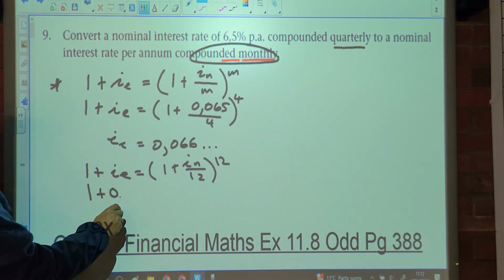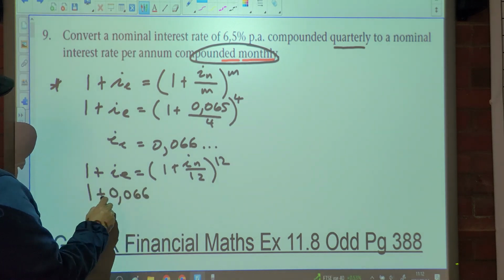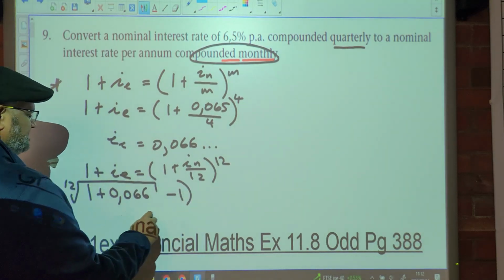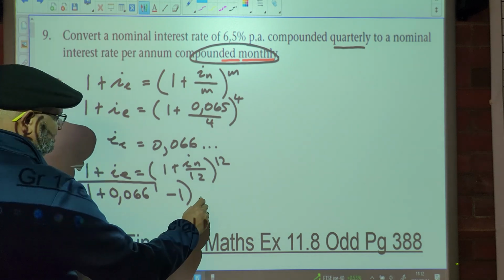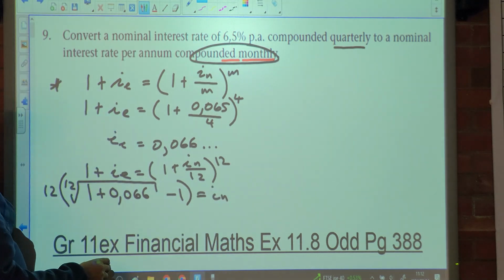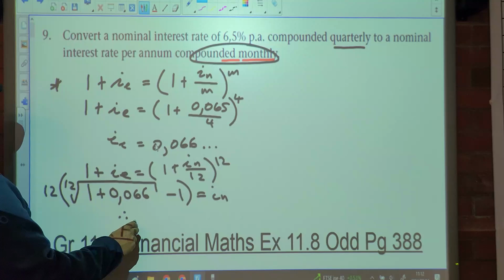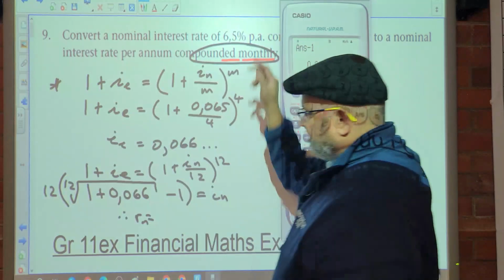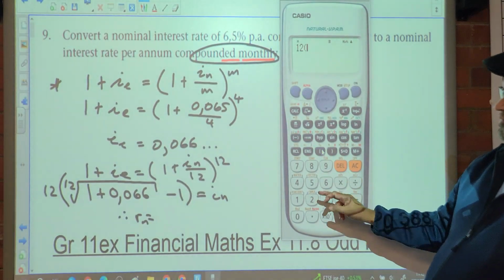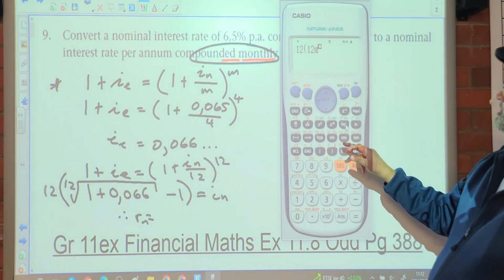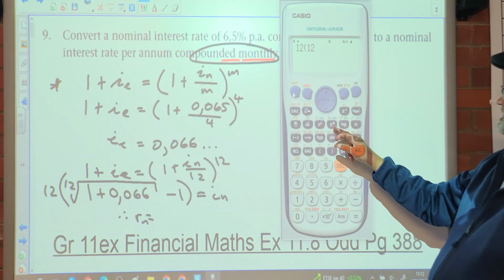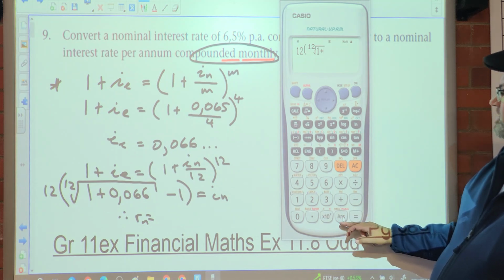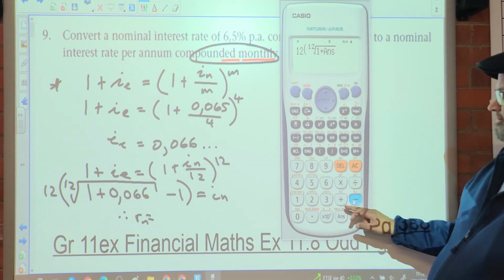So it's 1 plus 0.066, the 12th root thereof, minus 1, times 12 is equal to i nominal. So your nominal rate will simply be 12 times the 12th root of 1 plus 0.066, minus 1.